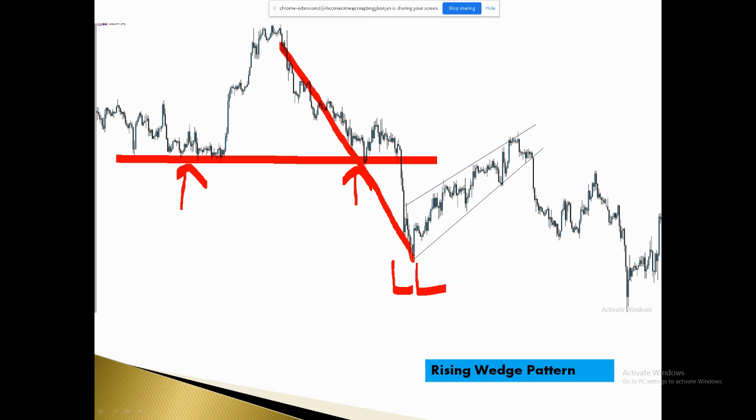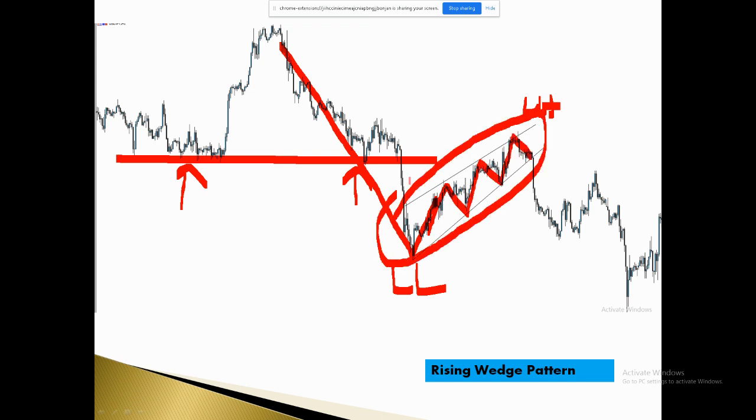But watch the way it is retracing back to retest this broken support zone, which is a potential lower high. You can see it is coming back in the form of a rising wedge. This was your clue that price will continue pushing forward. So the first pattern that we just handled is the wedge pattern. Don't forget it, the wedge pattern.